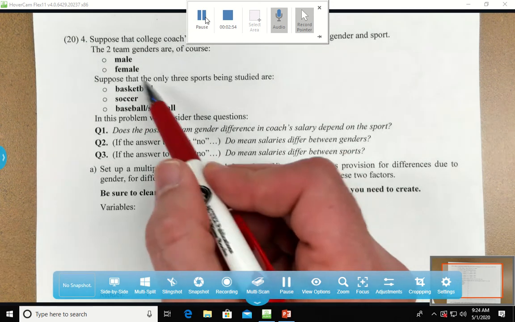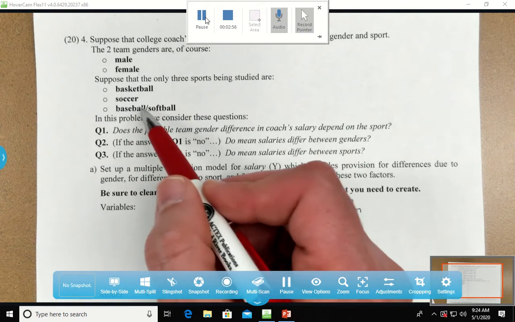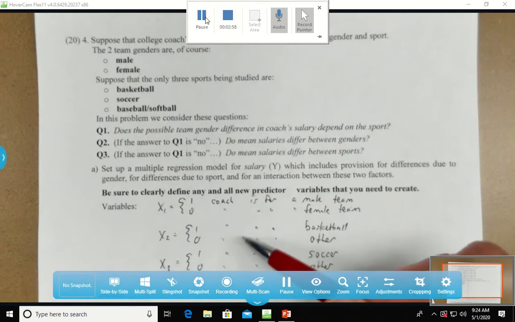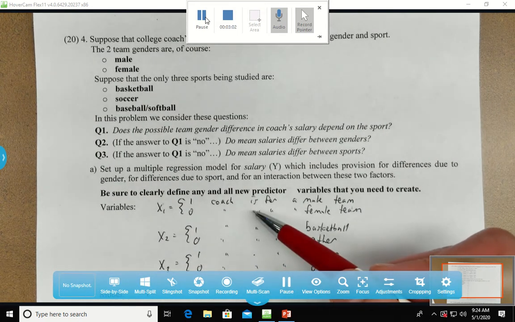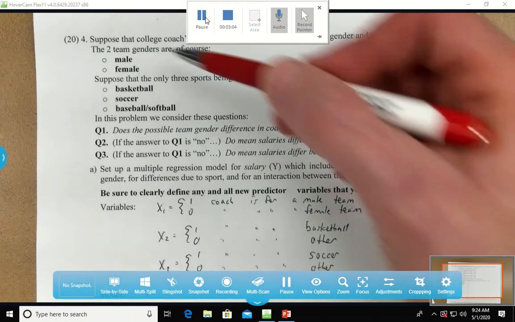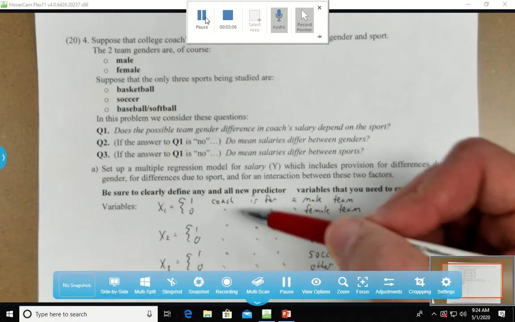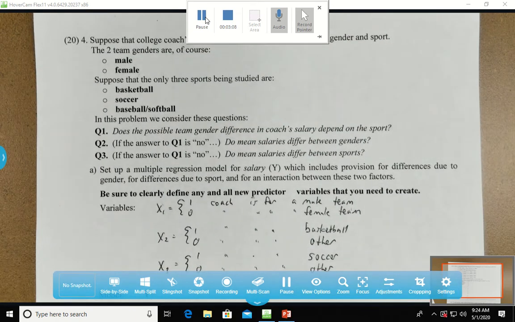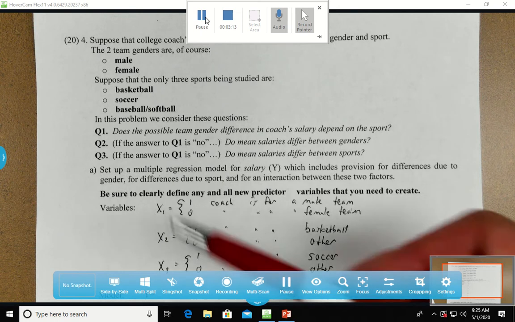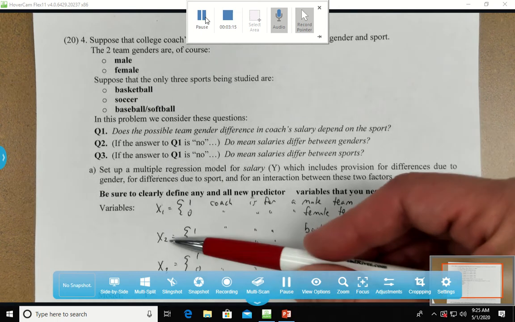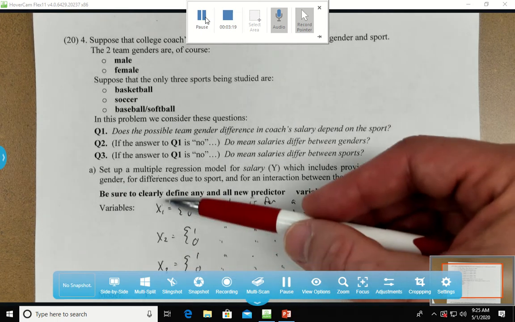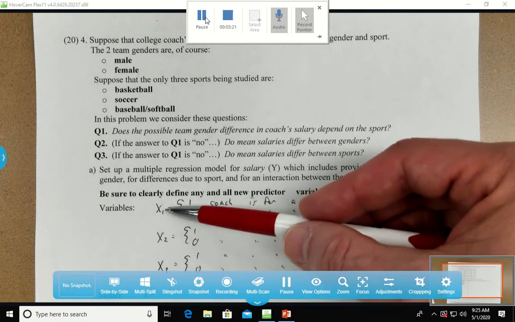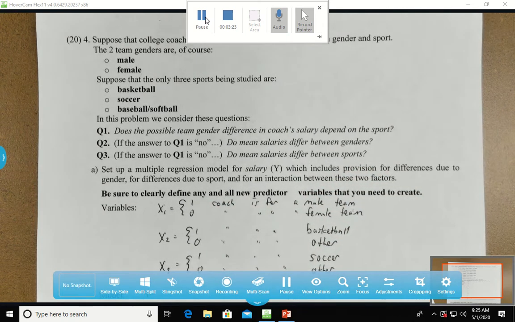If, for example, this one had 5 sports, so we had 4 indicator variables, and this one had 3 levels, so 2 indicator variables, then 4 times 2 would be 8. So make a note of that: the number of indicator variables for one category times the number of indicator variables for the other category will be the number of interaction terms.